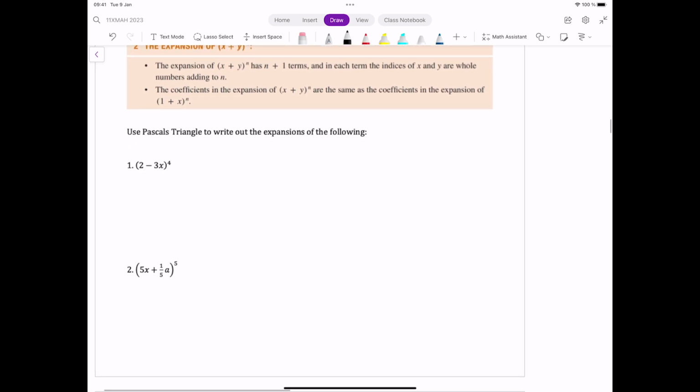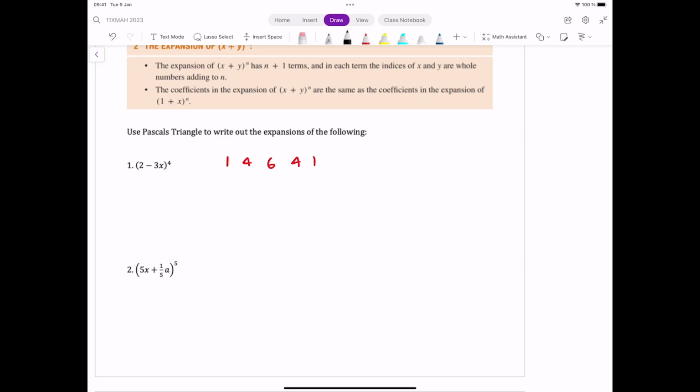Okay, so we're going to use Pascal's triangle. This exercise is very similar to the last exercise. We're going to use Pascal's triangle to expand out the following. So we know that our Pascal's triangle for 4 is 1, 4, 6, 4, 1.